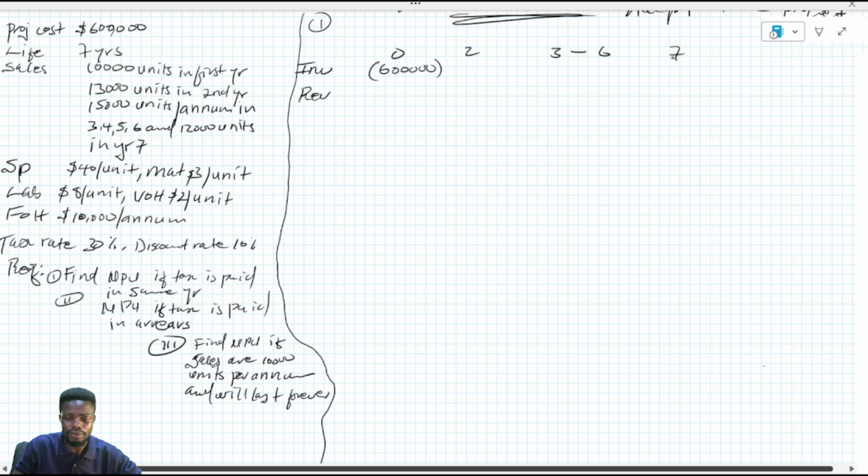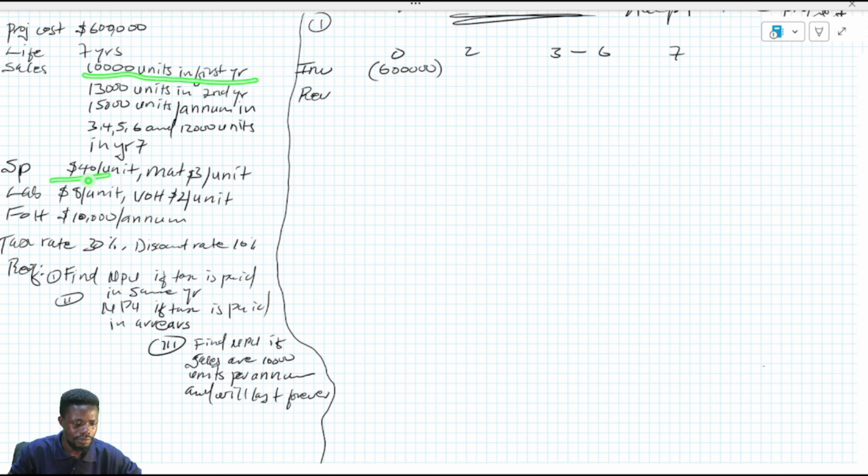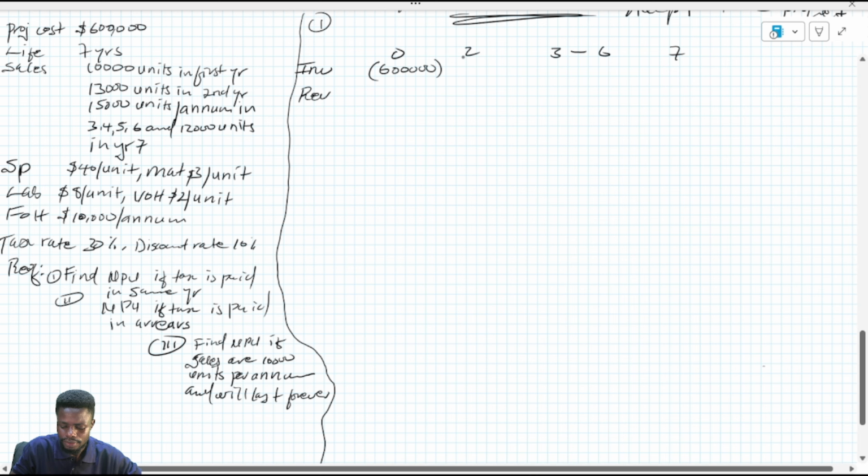So look at it. Here you say 10,000 in the first year times $40. So year 1, sorry, you adjust your table again. Yes, so we adjust our table.